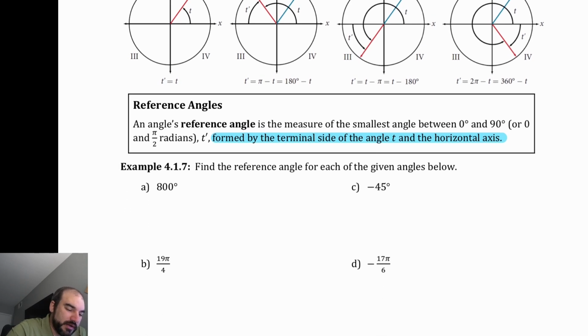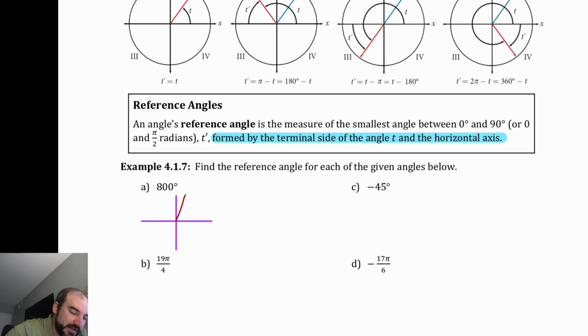They'll draw, I guess, we already know where 800 degrees lands, right? So 800 degrees, we just did this where we found the coterminal angle. This was in the first quadrant. It was 80 degrees, right? So if it's in the first quadrant, if that's my terminal side, actually let me do that in red.